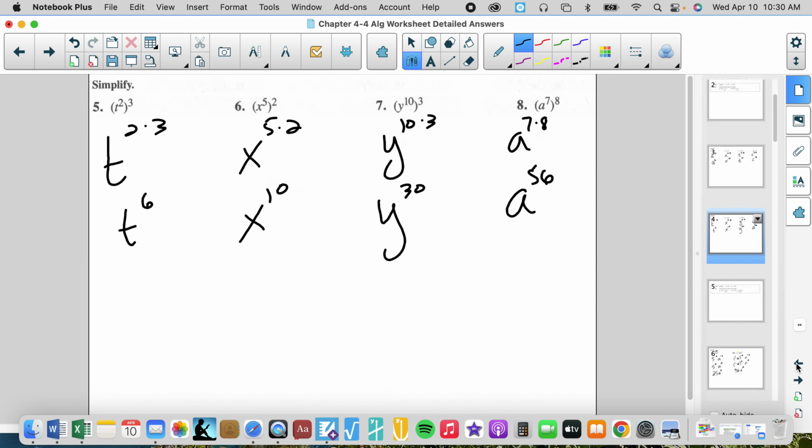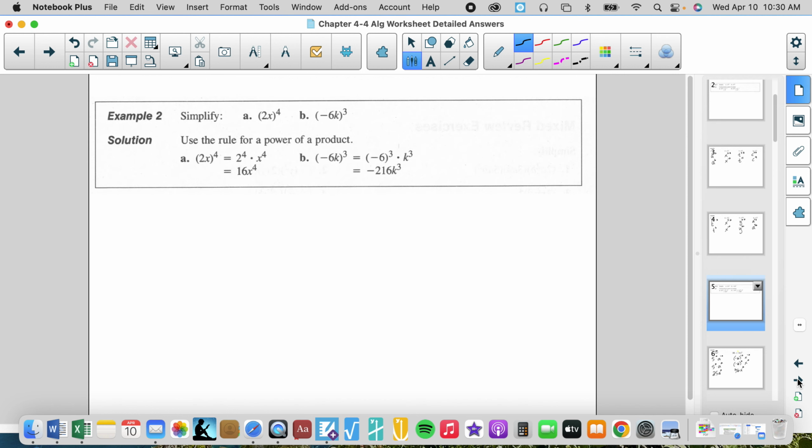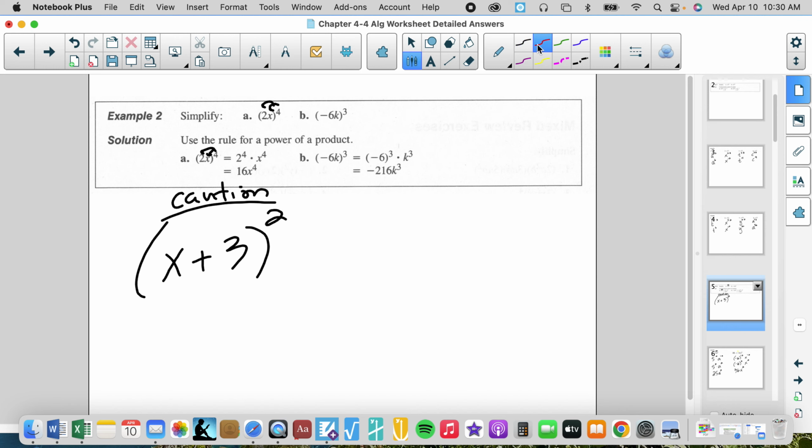Going back to this, about that distributing to each of the terms, we must caution. We don't have it in this example, but when we have this, you cannot distribute. It does not equal x squared plus 9.